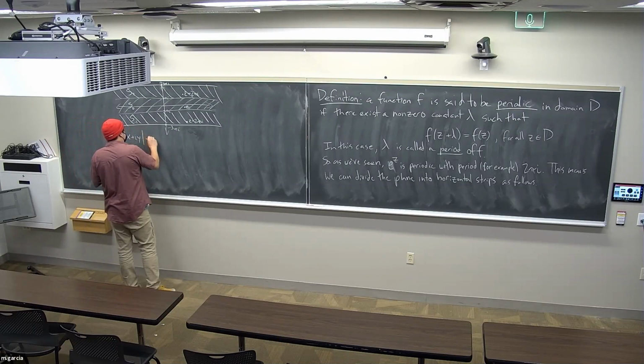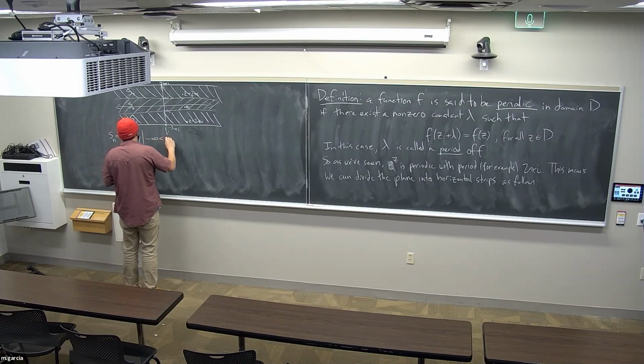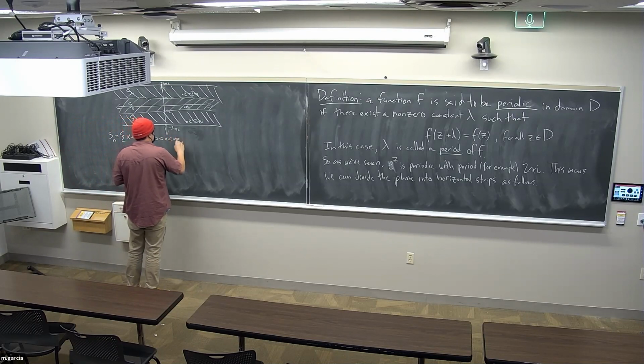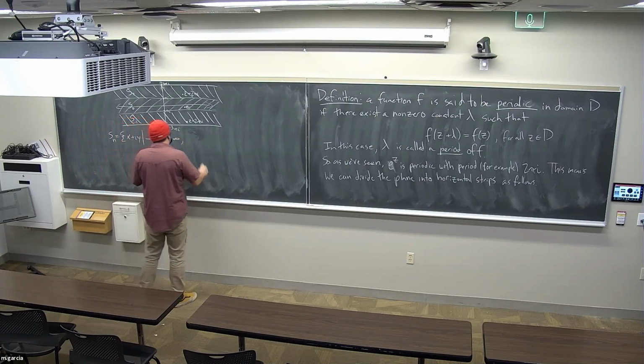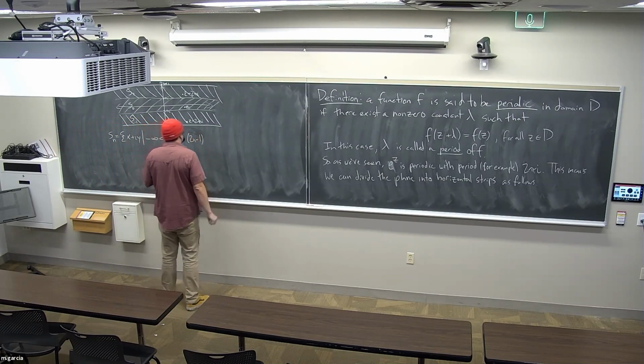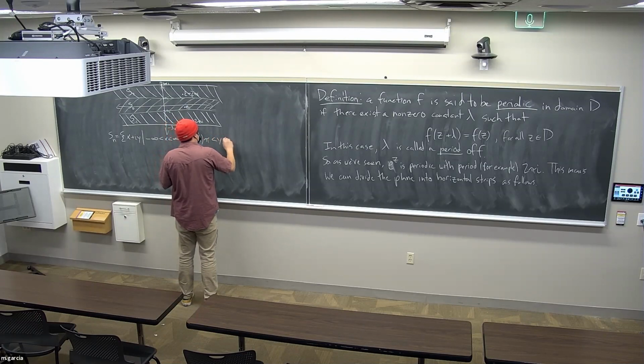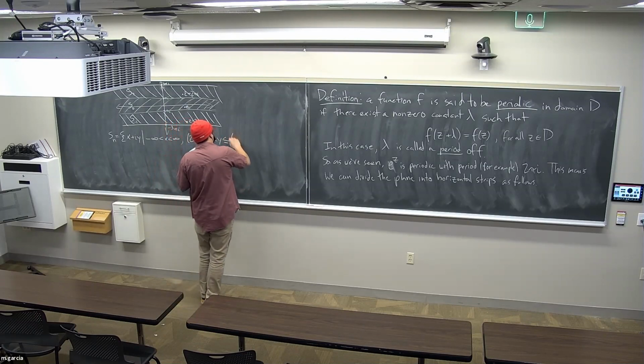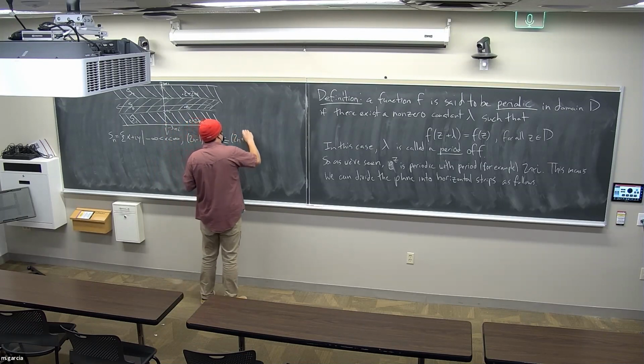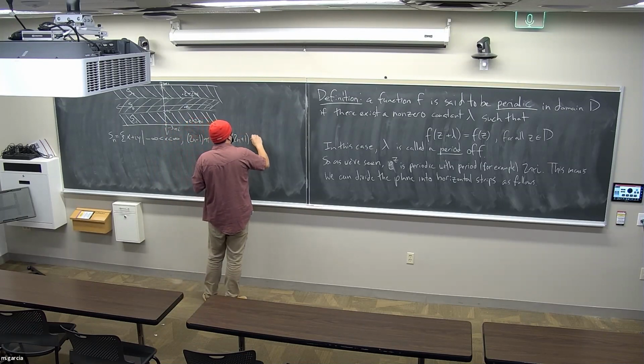We let x, the real part of z, be anything, and we restrict y between 2n minus 1 pi and 2n plus 1 pi.